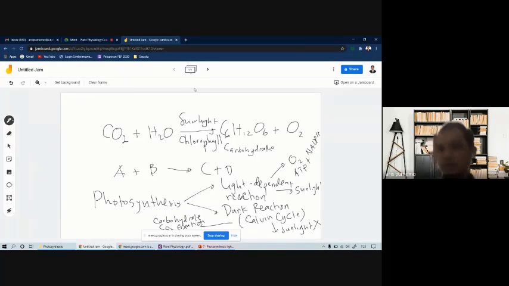This is the main outline that we will discuss today, from light-dependent reaction to dark reaction to produce carbohydrate.